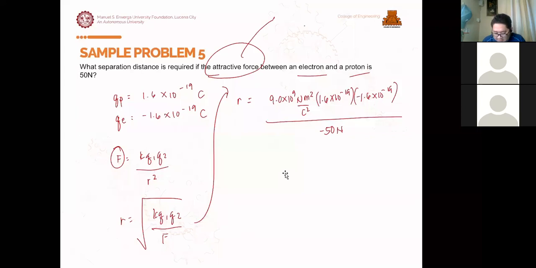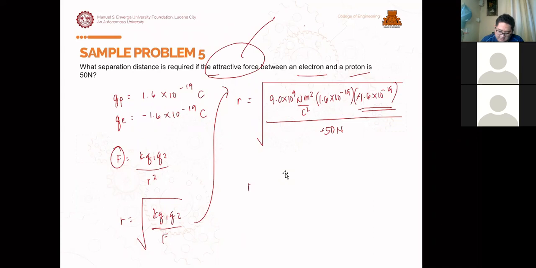Kasi ni-negative din natin yung value ng electric charge dito. Okay? So, mangyari lang naman sa kanya, magka-cancel out lang siya. Kailangan lang natin pakita na magpa-positive siya kasi nasa loob siya ng square root symbol. And we can't have a negative value inside the square root. Kasi magiging siyang imaginary number.